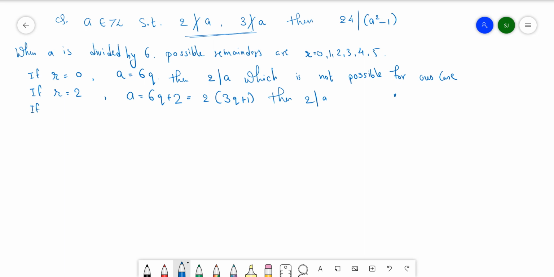Similarly, I consider all those cases in which we don't have the possibility, since we have some assumptions. These two assumptions make some of the cases not possible for us. For the case 6q plus 3, it is 3 times 2q plus 1, so 3 will divide a, and it is not possible.